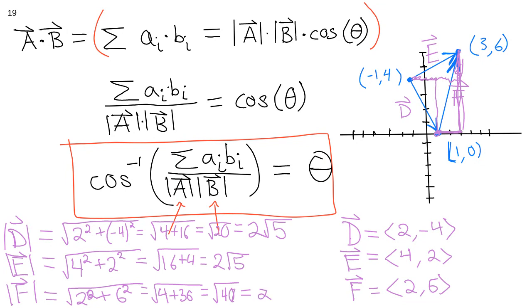Yes. Are there any questions? I know I did that very fast, but let me write that down. 2√5, 2√5. Any questions? We have the vectors and we have the magnitudes.